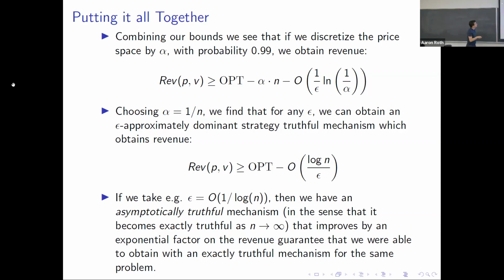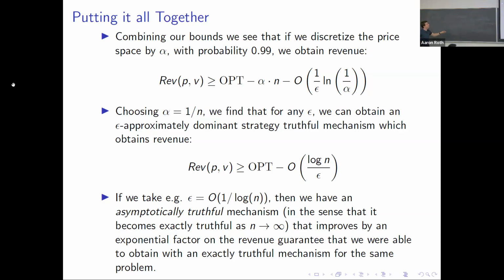But still, as the market grows large, as the number of potential buyers in this auction grows large, the incentive to deviate tends to 0. So we can still get an asymptotically truthful mechanism, by which I mean the incentive to deviate from truth-telling tends to 0 as the number of potential buyers gets large, as you consider selling Microsoft Windows to 100 people, then 1,000 people, then 1 million people, then 1 billion people.